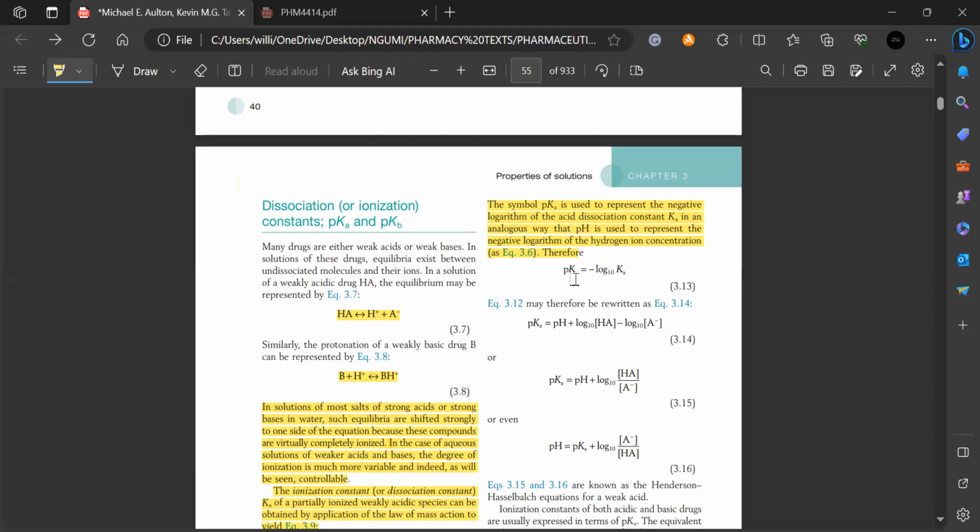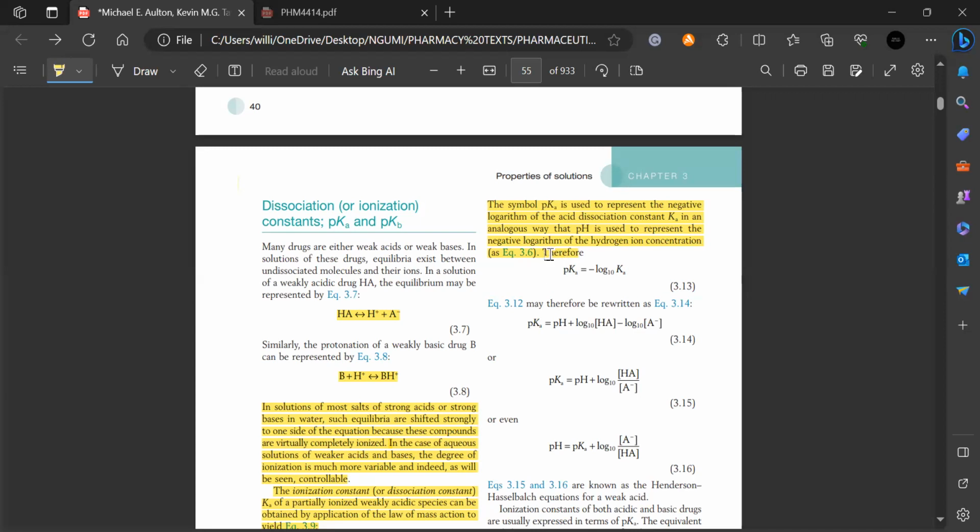So therefore, pKa is equal to negative log of Ka. So remember, pH is equal to the negative log of H. So pKa is basically the negative log of the dissociation constant.